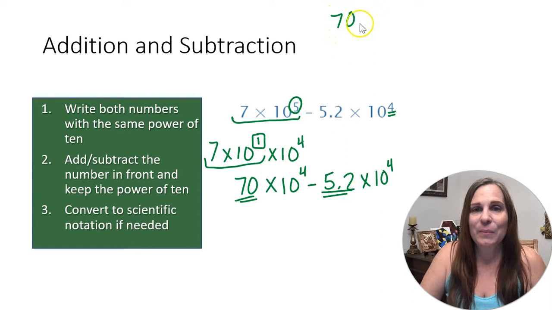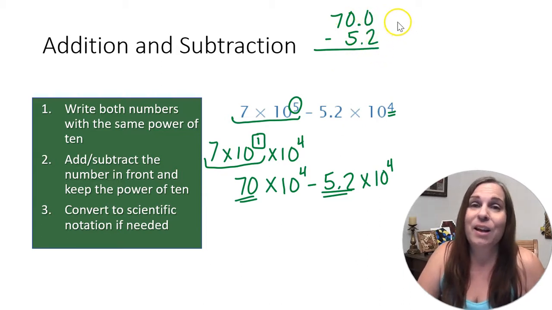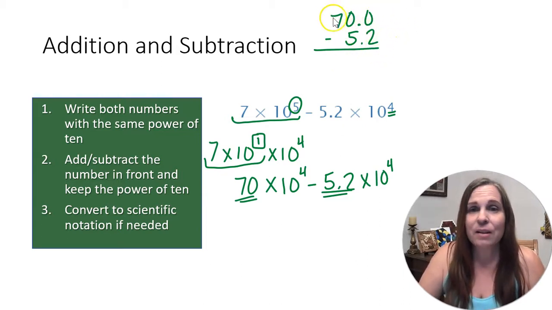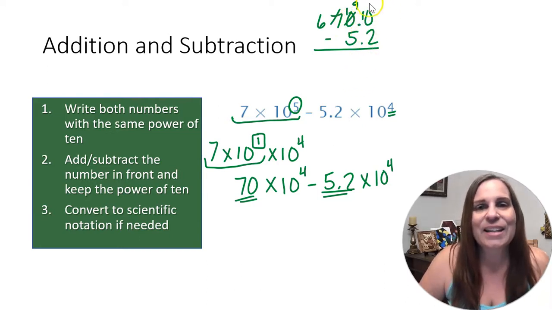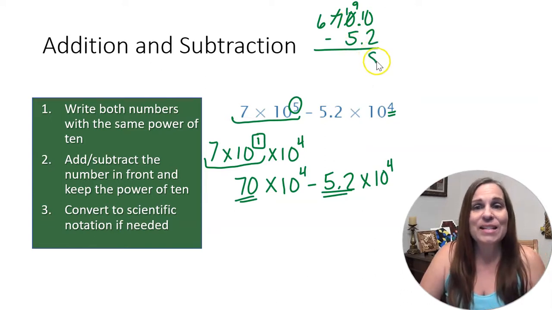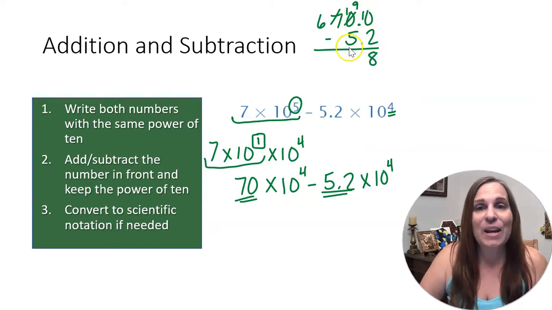70, there's a point there at the end, minus 5.2. I'm going to have to add another 0, and I'm going to have to do quite a bit of borrowing. So borrow from the 7 and make it a 6. This becomes a 10. Borrow from this 10, make it a 9, and this becomes a 10. 10 minus 2 is 8. 9 minus 5 is 4.